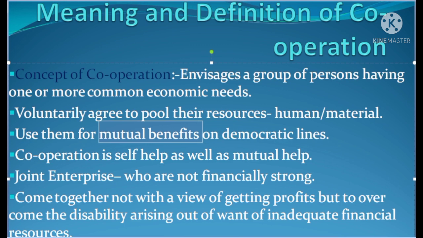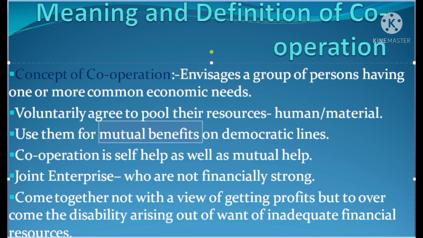We will take an example of a cooperative society in which there are 10 members. If a single member is providing his service to the cooperative society, he himself gets benefited, and from his service, the other members of the cooperative society also get benefited. This is the concept of mutual benefit.